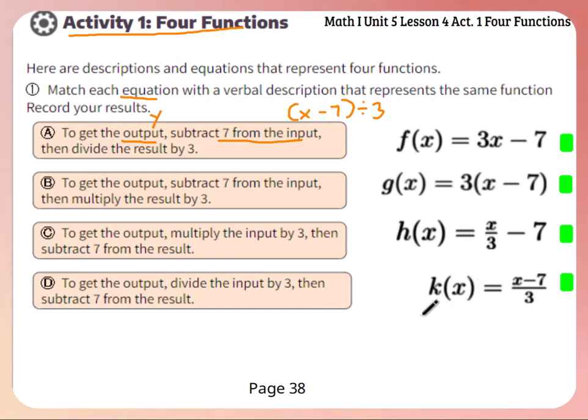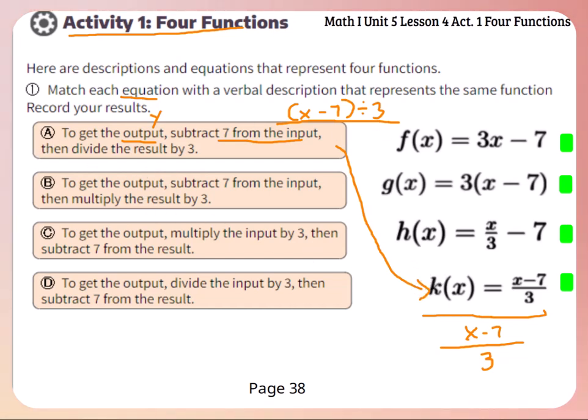Well, it looks like this one. Now I wrote mine straight across, but I'm going to write it the way that they wrote it. x minus 7, and if we write that fraction bar, that's another way to write division. So A matches with function k.